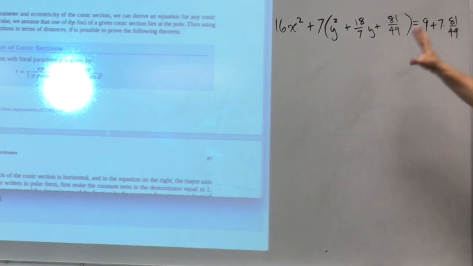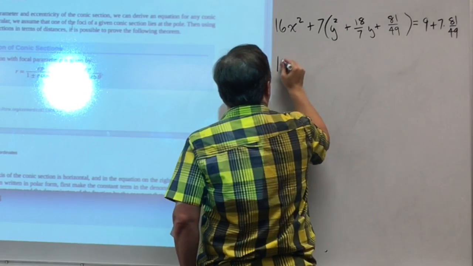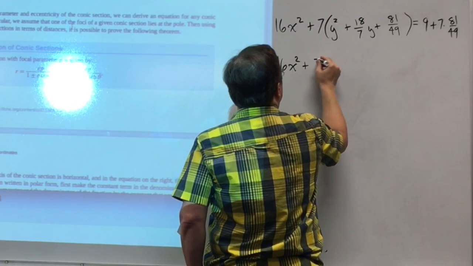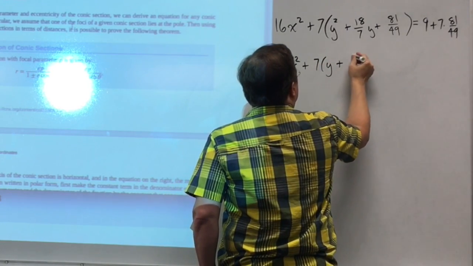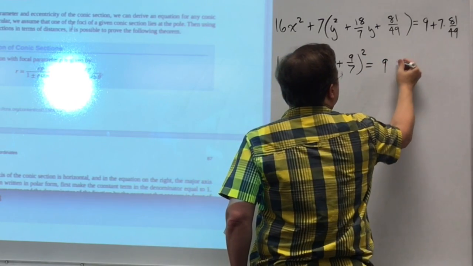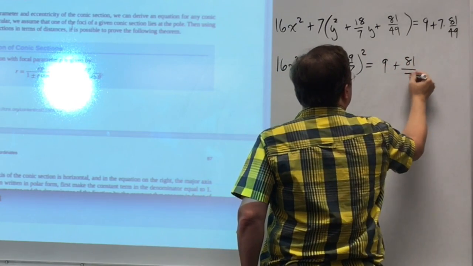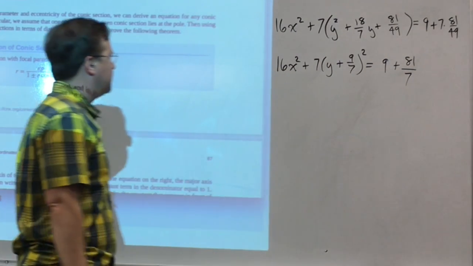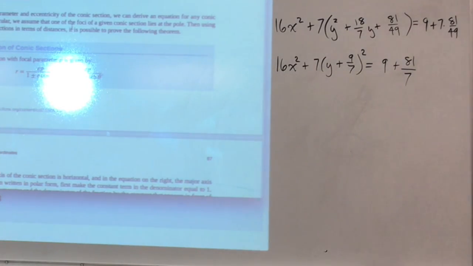So now everything is in equilibrium again. The left-hand side is still equal to the right-hand side. And that's a perfect square.